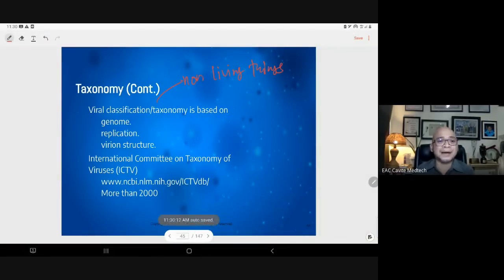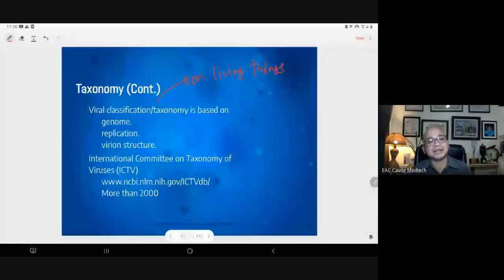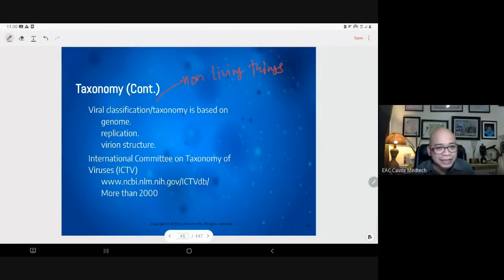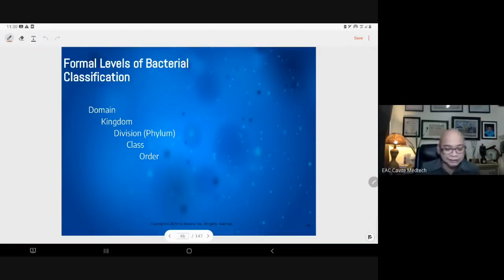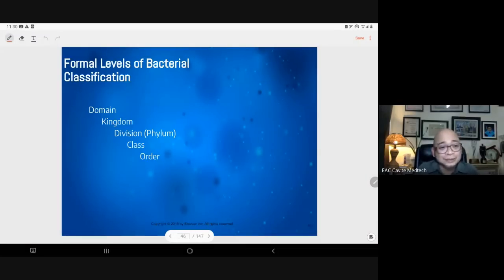Viral classification is based on the genome, the replication, and the virion, and there is a separate committee in classifying viruses, and we call it the ICTV, or the International Committee on Taxonomy of Viruses. So those are the ones responsible for classifying viruses. But since we are talking about bacteriology, this is how we will be classifying bacteria.